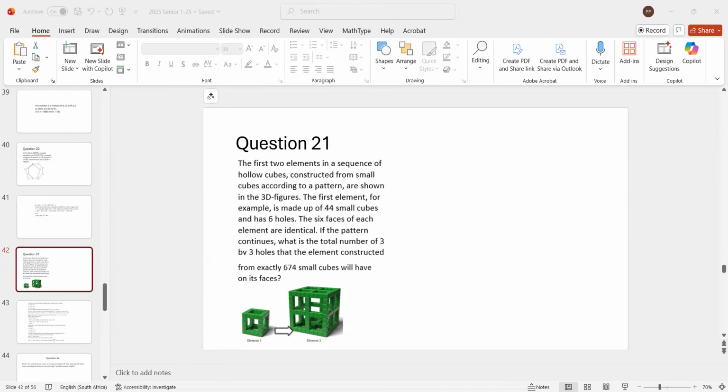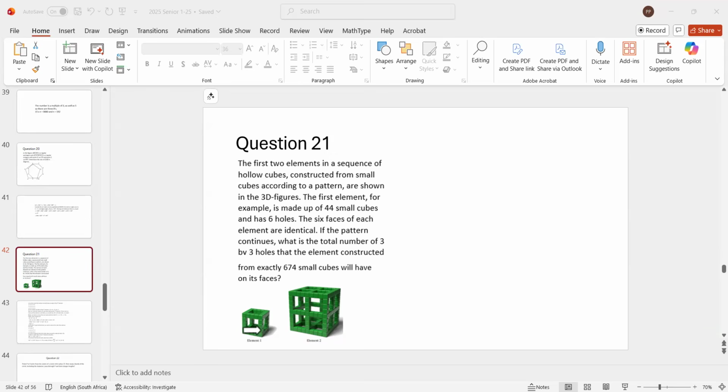Constructed from small cubes according to the pattern are shown in these figures. The first element, for example, is made up of 44 small cubes. Now you can count them. I can see, I don't know whether you can see it, but there are five little cubes on this side, five this side, five this side.